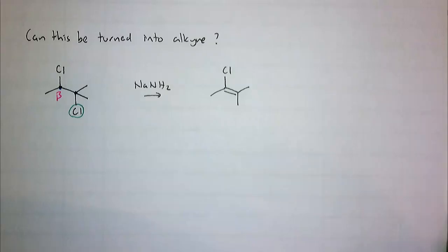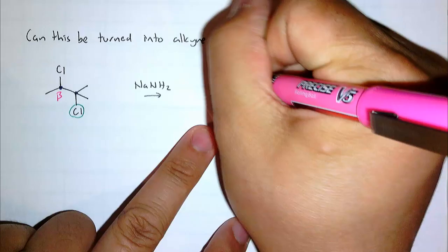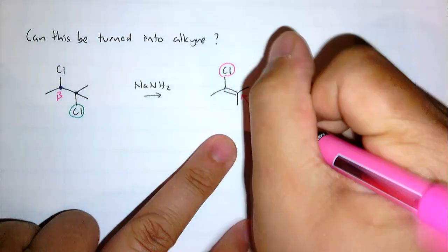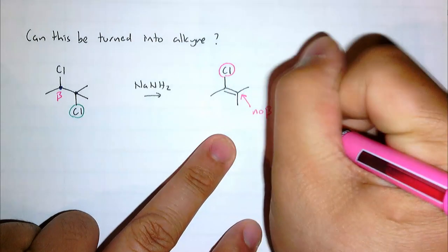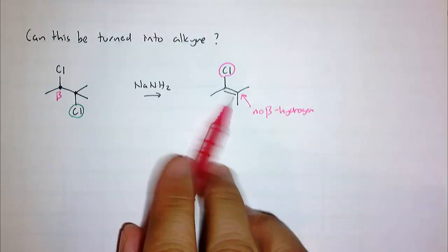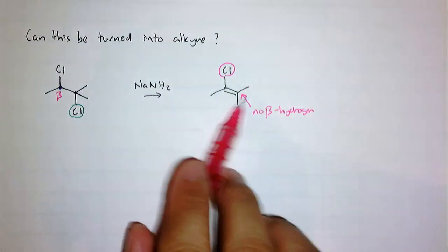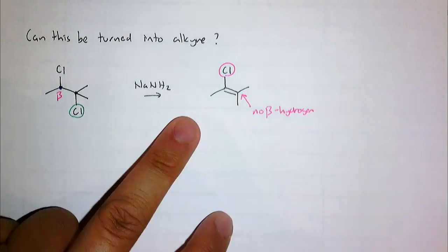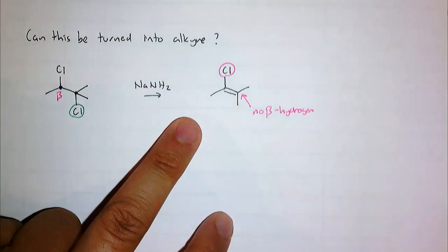But what do you notice about this chlorine right here? There's no beta hydrogen here. Not only that, if I try to make a triple bond here, I would get something ridiculous. I would get a carbon with 5 bonds.